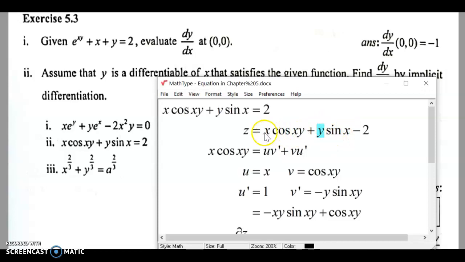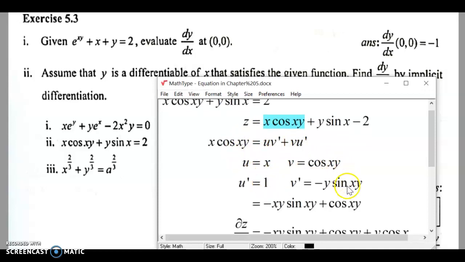As for this one, we have x times cos xy, where we have x in both. So to find the differentiation for this one, we'll need to use product rule here. So x and cos xy, conduct a partial derivative with respect to x. So this is what you get.